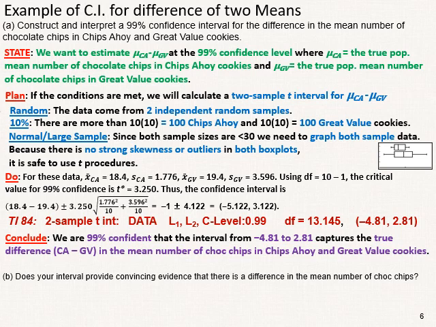Okay. And then your final question, part B of this question. Does your interval provide convincing evidence that there is a difference in the mean number of chocolate chips?